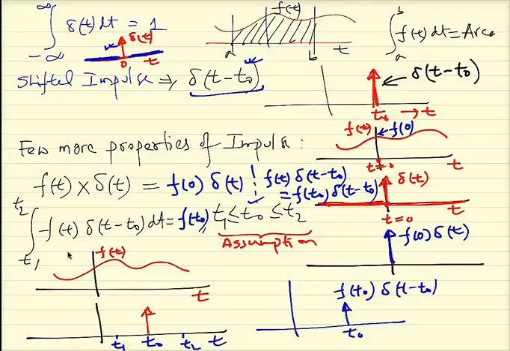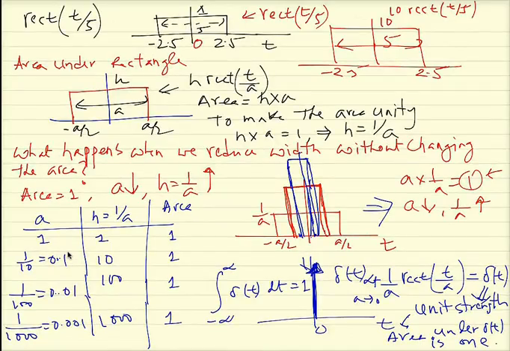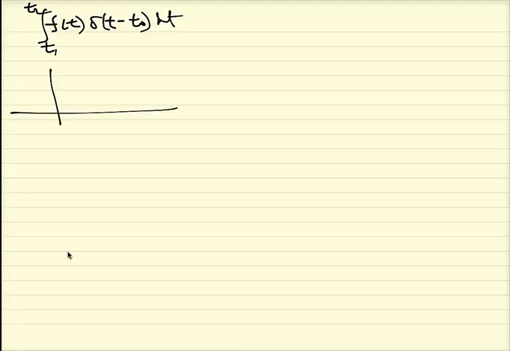Again, let me explain it more. We want to find out the integral of f(t) delta(t minus t naught) dt. Let's plot it again.